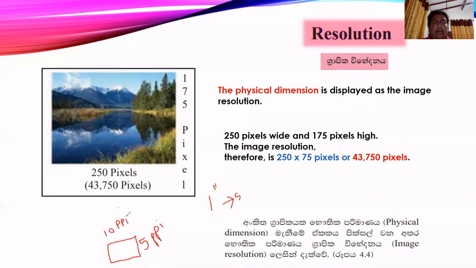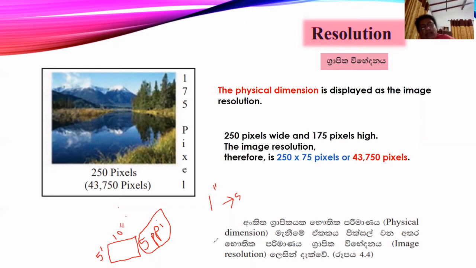Then they told you about one of the images; they have given these values and the length and breadth of this image. Normally they give one side only. Think it is 10 and 5, right? In this side 5 inches, in this side 10 inches.